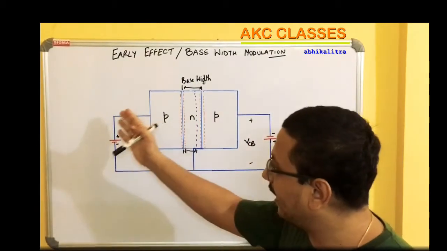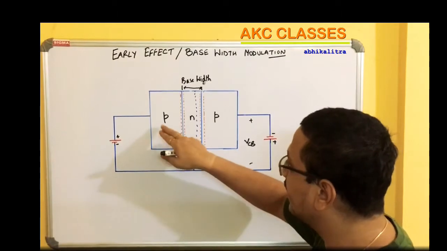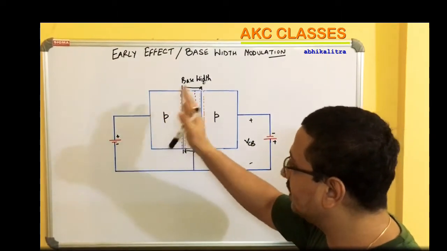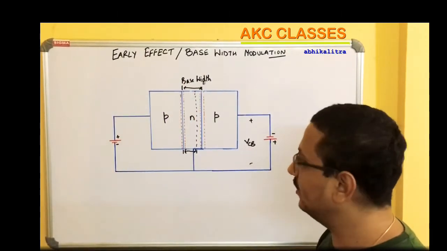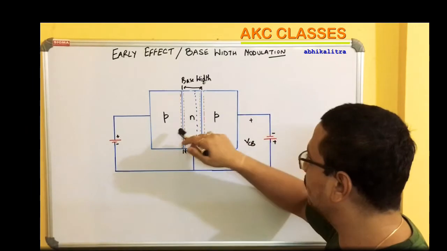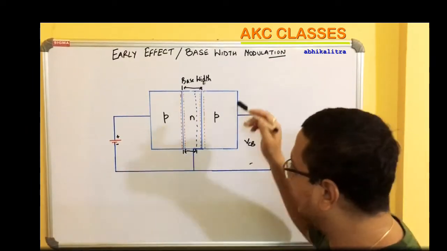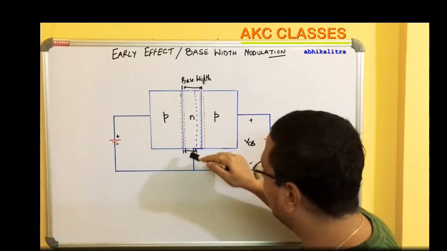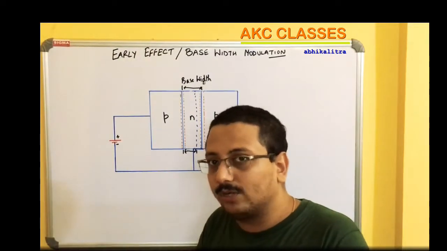Now when the forward bias of the base emitter junction is gradually increased, the holes present in the emitter, previously, some of them were recombining with the base section and the remaining holes were going towards the collector section, right? Now with the reduced effective base width, the number of electrons present in the base decreases, and the base becomes even narrower.